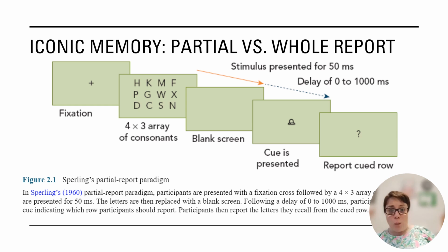However, if the whole report score was because of a rapidly fading memory, partial report scores should be significantly higher than the whole report scores for the duration of iconic memory. And indeed, at cue delays of up to about 500 milliseconds, Sperling found a partial report advantage.